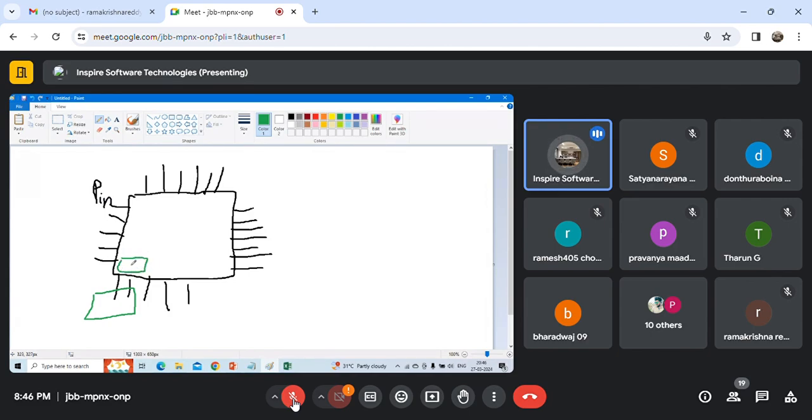Internally that is running. This circuitry is designed such a way that there will be an op amp, a differential amplifier, which will check the voltage between this pin and this pin. If the voltage between this pin and this pin is this much, then you consider it as logic 0.